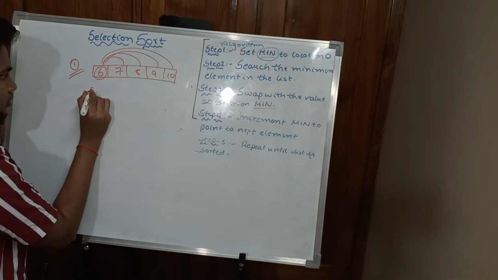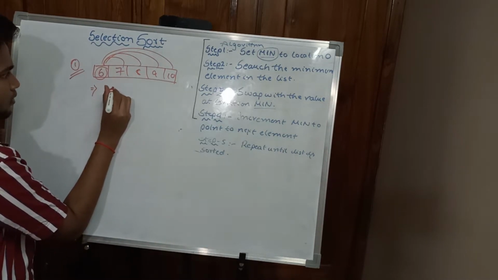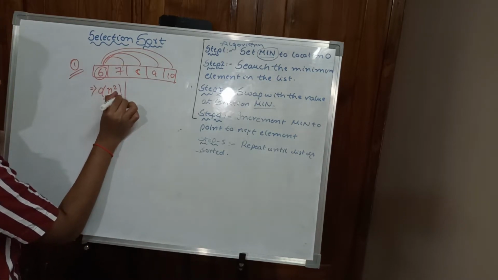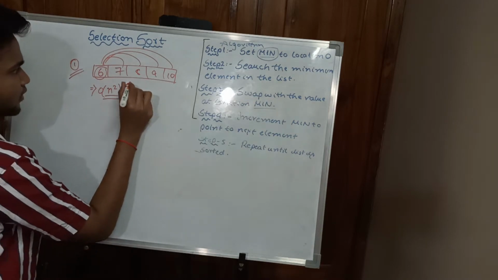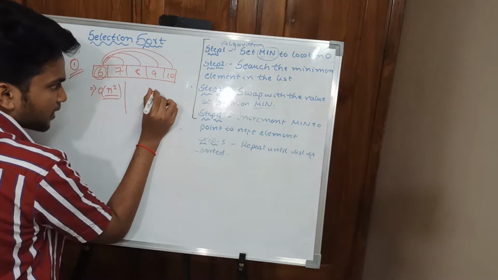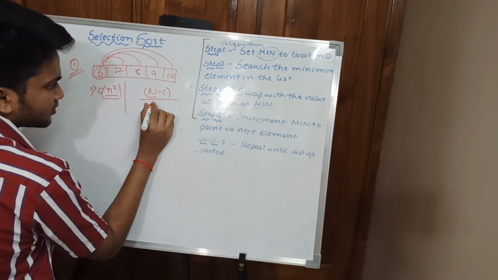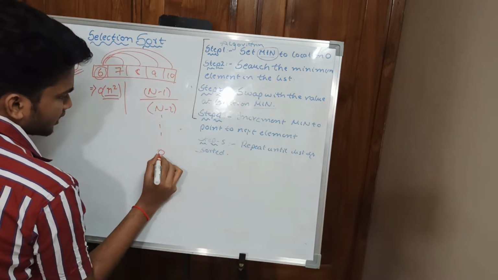Okay, so for this, it is order of n square. How? I have discussed it in the bubble sort itself. By the end of the first pass, we will have n minus 1 comparisons. By the end of the second pass, n minus 2, and so on, we will continue to 0.